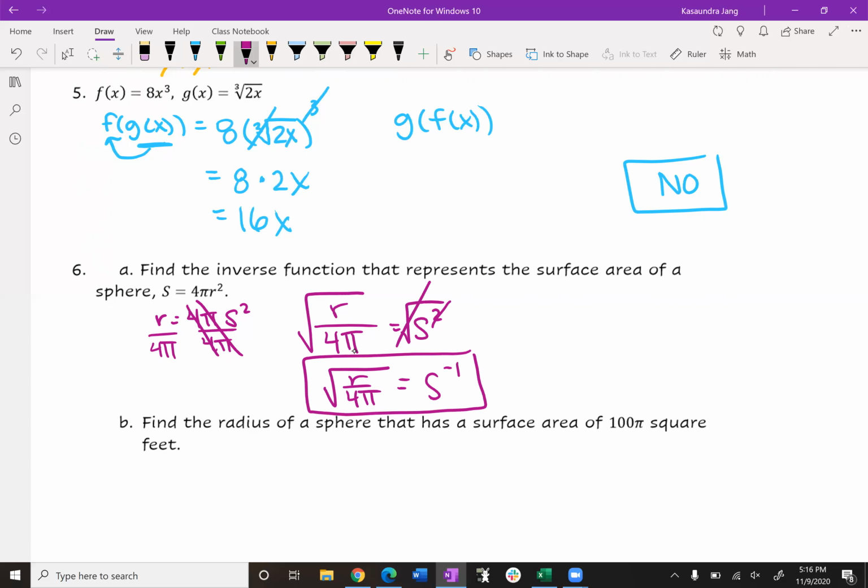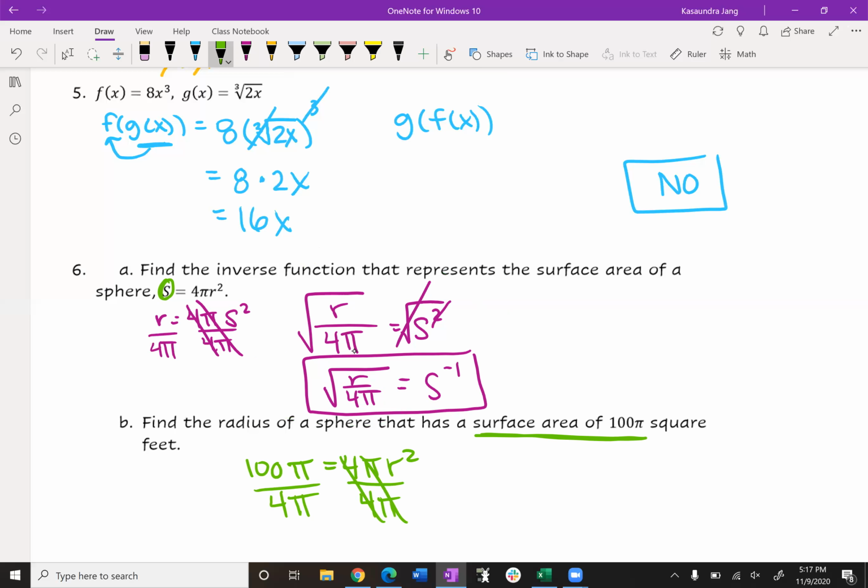And then part B says to find the radius of a sphere that has a surface area of 100 pi square feet. So the surface area of 100 pi is going to go in for the S. So I get 100 pi equals 4 pi r squared. I'm going to pretty much do the same steps that I was doing up here. I'm going to divide the 4 pi on both sides.